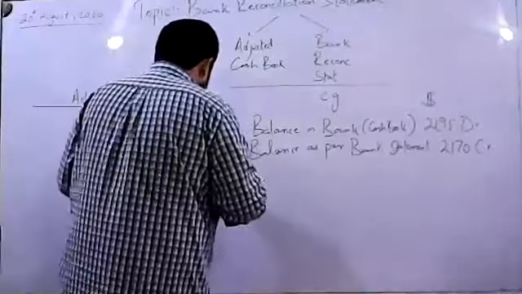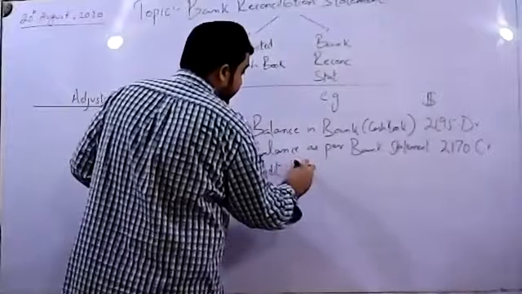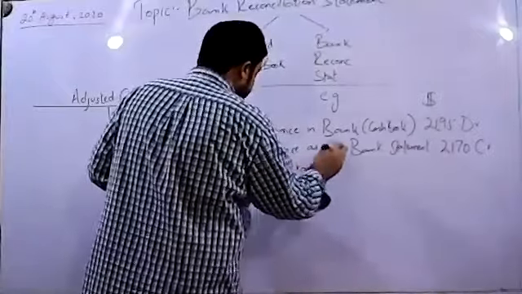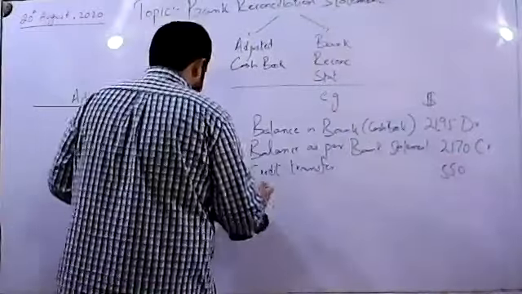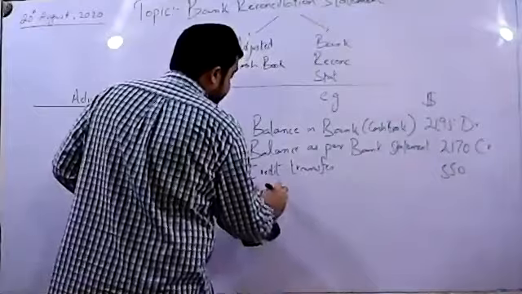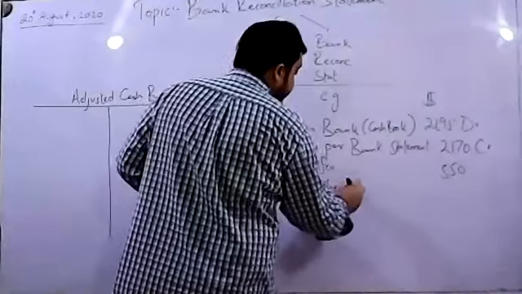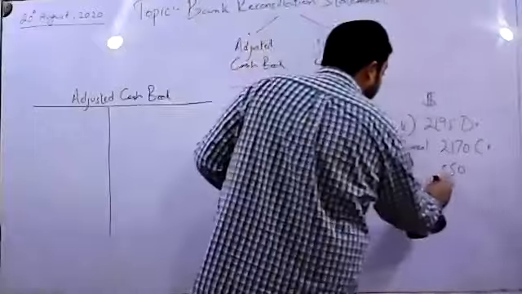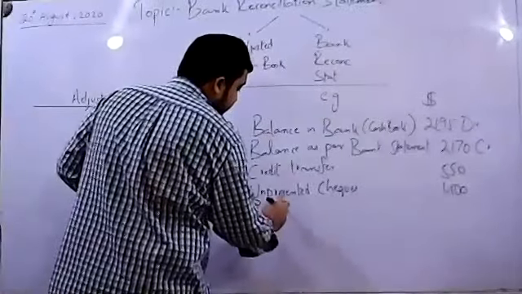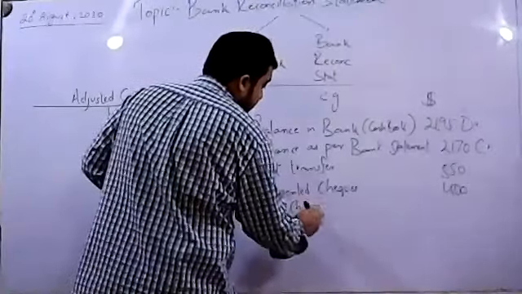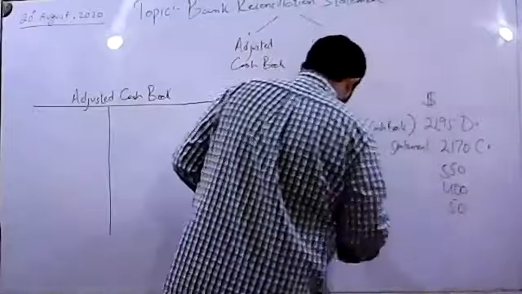Now, some other information that they have provided is credit transfer, okay. The credit transfer was worth $550. Then the unpresented checks were worth $400. We then had bank charges. The bank charges were $50.